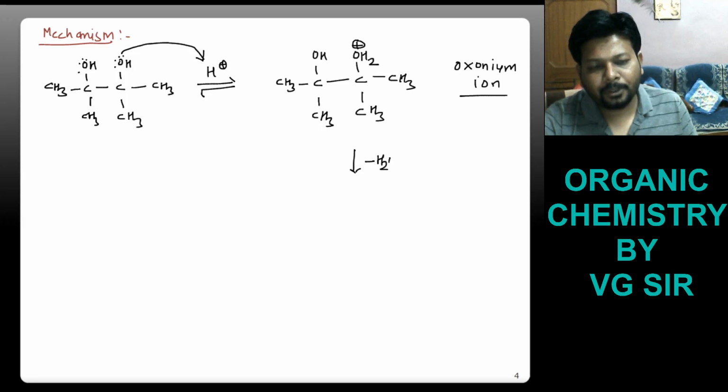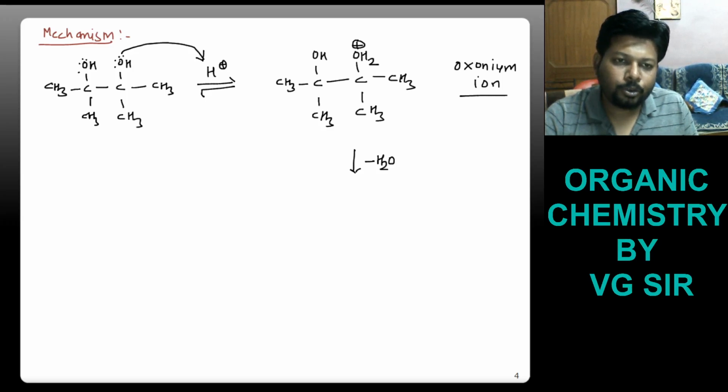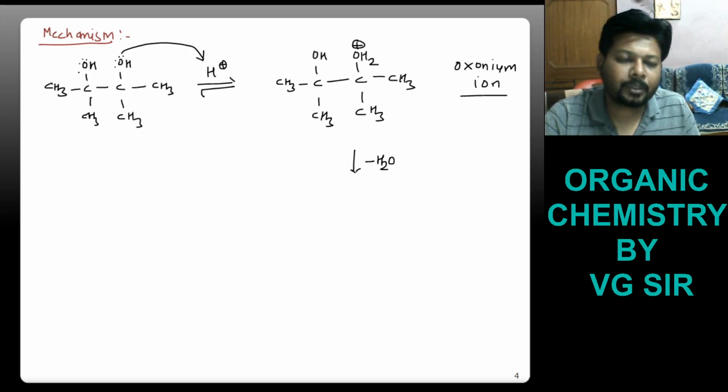In the next step we will have loss of a water molecule. What is the reason behind this? See, this OH2 group, because of the development of positive charge, has become a good leaving group. Due to this positive charge, this bond will become weak and there will be a partial positive charge developed on this carbon.